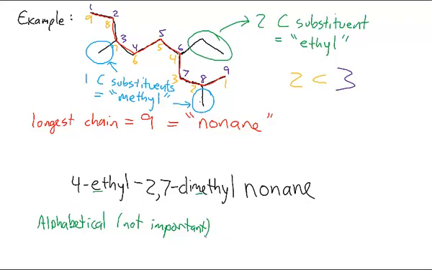I also don't think it's important whether you get the dashes and the commas right. I just care that you can identify the chain, name the substituents, and number correctly. And if you can do that, great. Question?